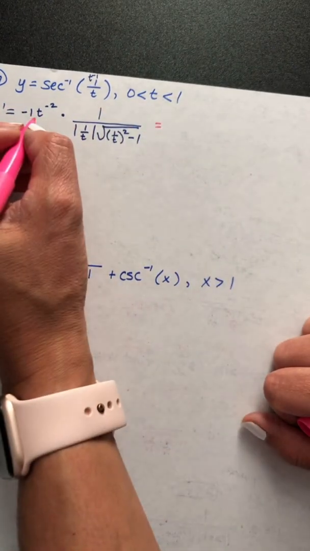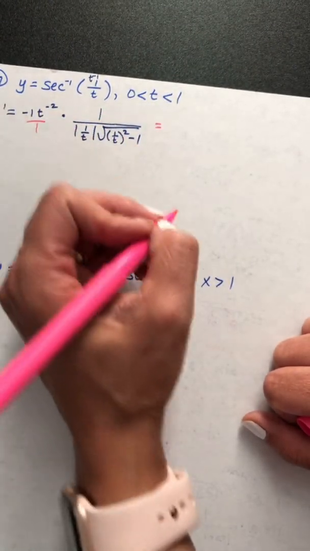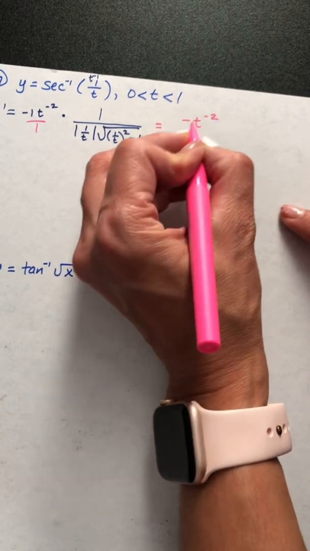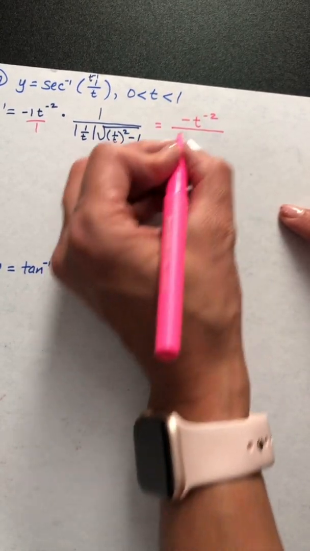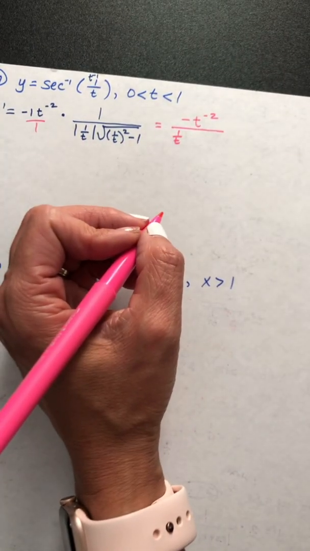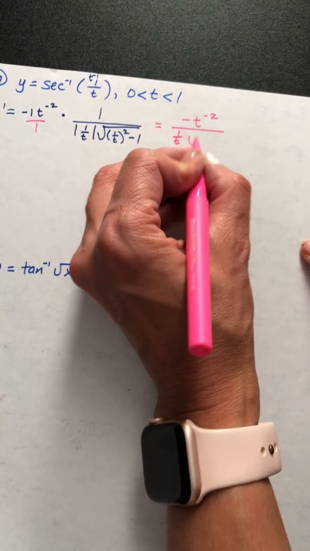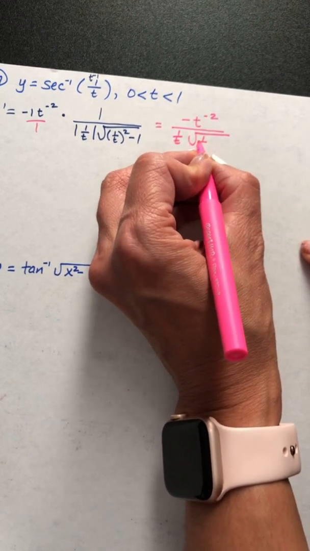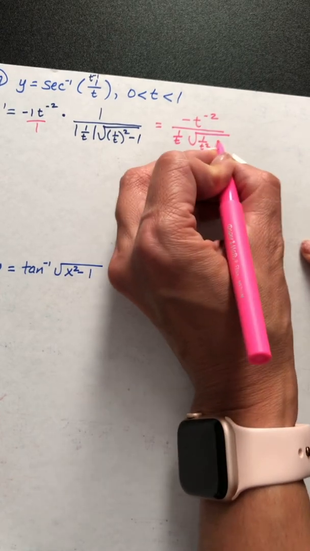And I'm just going to multiply straight across. So I have a negative 1t to the negative second, all over 1 over t in the denominator, taking those absolute value brackets off, times the square root of 1 over t squared minus 1.